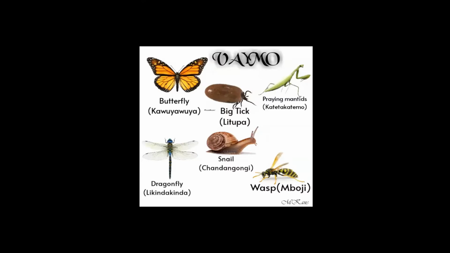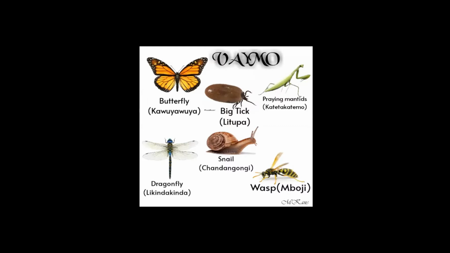Okay, so I've got a butterfly. Butterfly is kauya. That's the singular form. If there are two or more, it becomes uya, the butterflies.